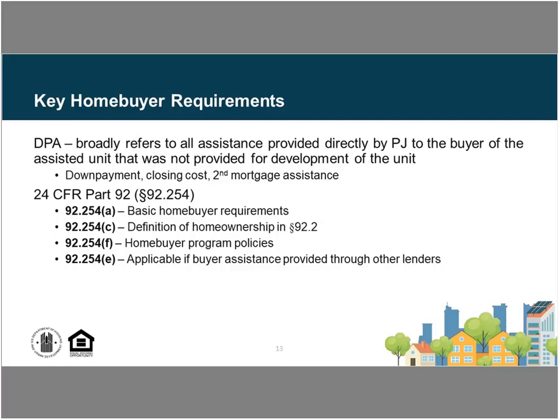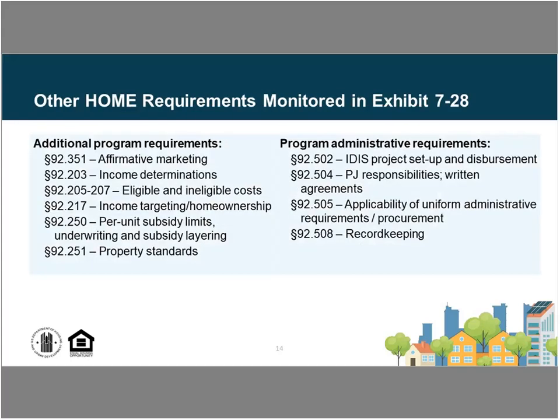It will only apply to those PJs that elect to provide buyer assistance through other lenders. In other words, allowing the first mortgage lender to also do some of the underwriting and processing of the home's second mortgage for the buyer that they're providing the first mortgage on. I'll be talking about that a little bit later. That's the only new section of the rule that we're bringing in today. In addition, you saw a lot of these last week.